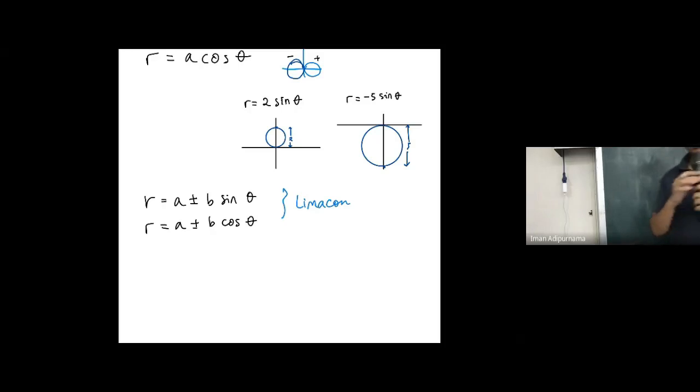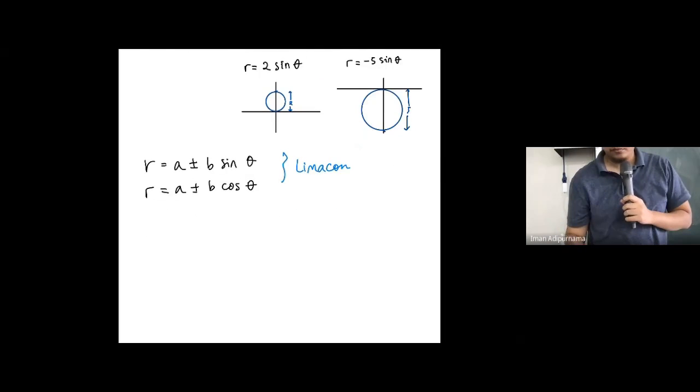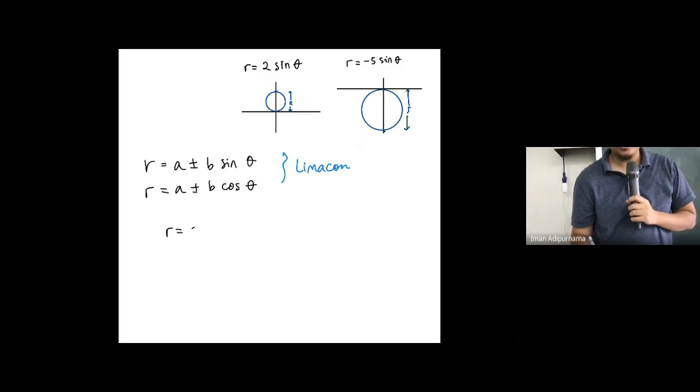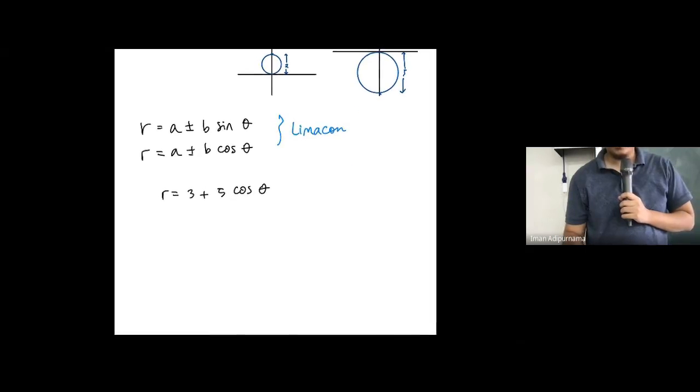Okay. Let me give you an example. So for example, you have 3 plus 5 cos theta. Okay, now how to draw?